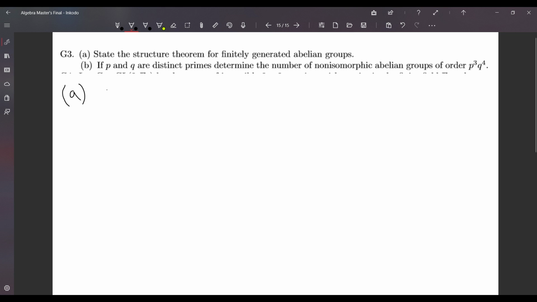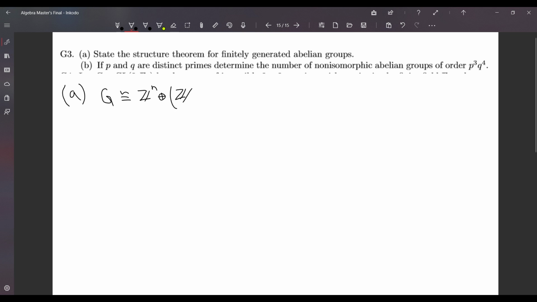But in a sense, what this is saying is that if G is a finitely generated abelian group, then G is isomorphic to a direct sum of a certain amount of terms.